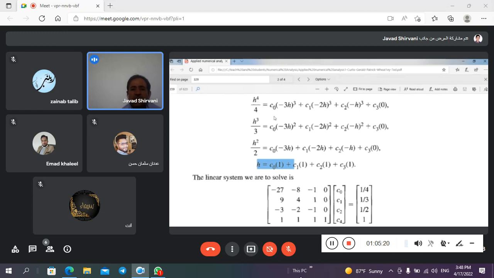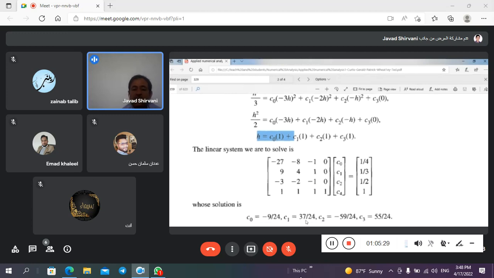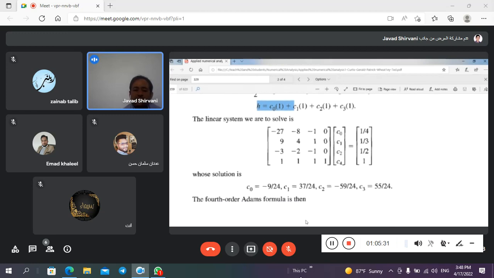If we let the value of h be 1, we get these equations and the solution.